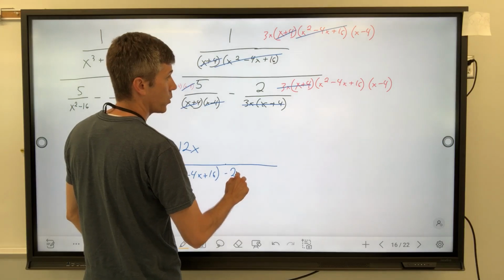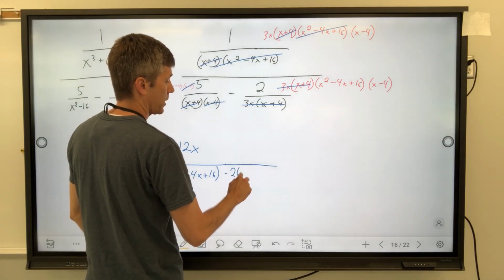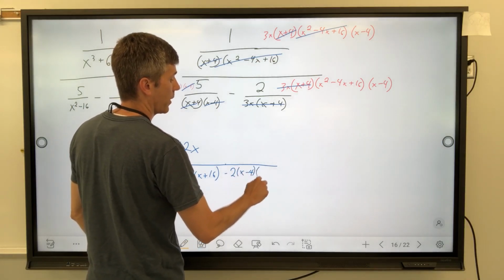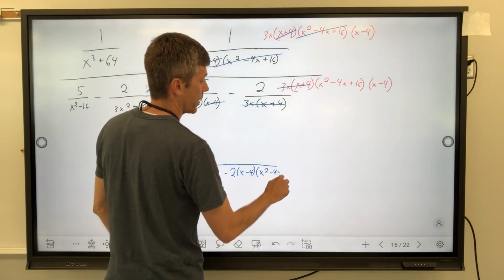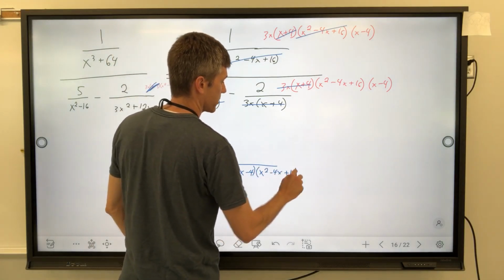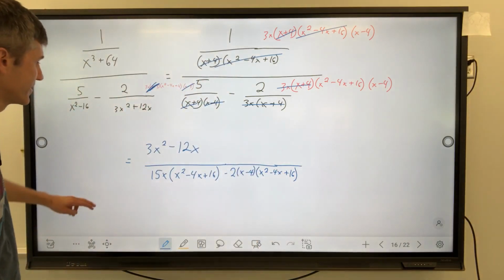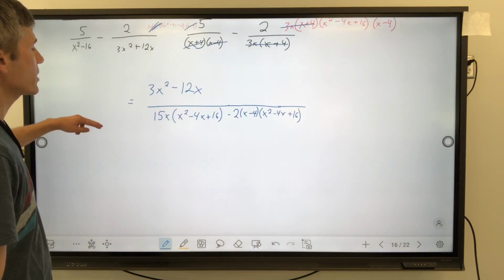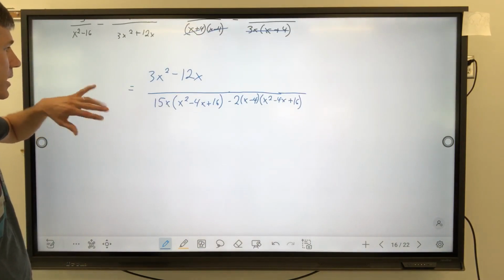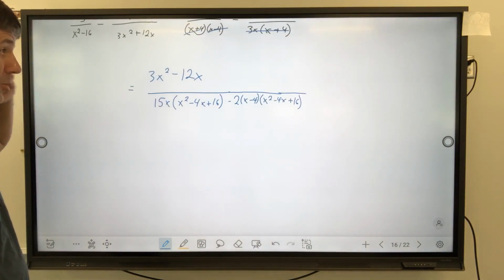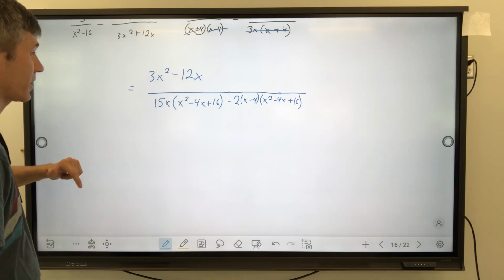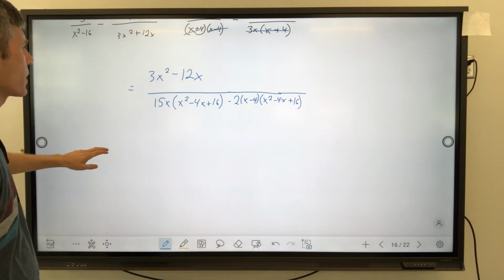Negative 2, and then x minus 4, and then x squared minus 4x plus 16. Now, some people would be tempted to leave it here. We are not some people. Actually, I might need to factor that numerator again when I get everything done. Maybe the denominator will factor, although I seriously, seriously doubt it. Let's keep going.